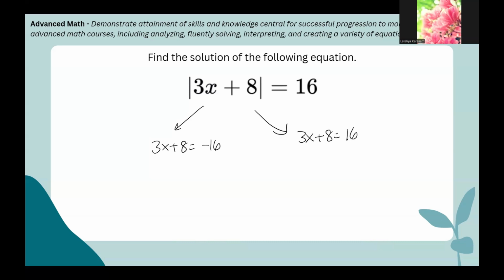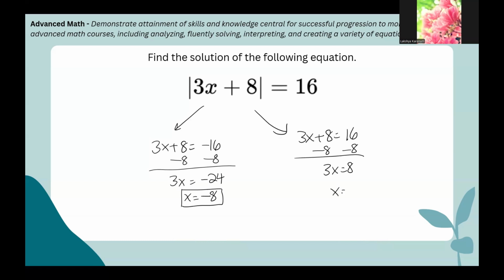And we want to solve both of these expressions. So here we can subtract both sides by 8 and get 3x equals negative 24. x is equal to negative 8. And then on this side, subtract both sides by 8. You get 3x equals 8 and x equals 8/3.